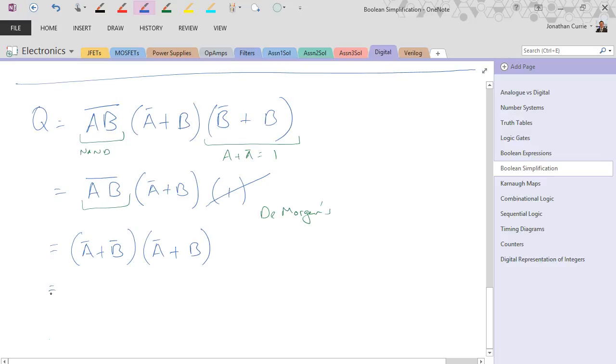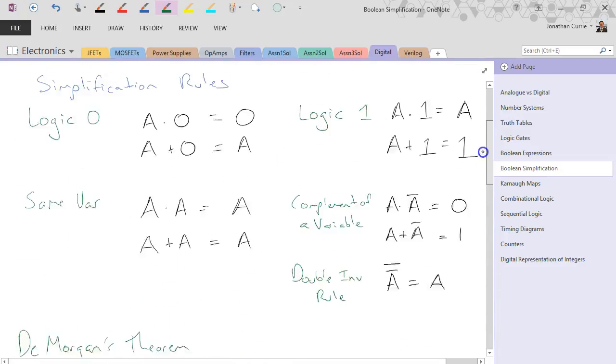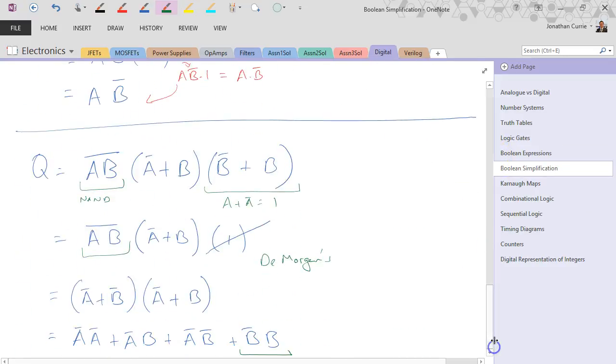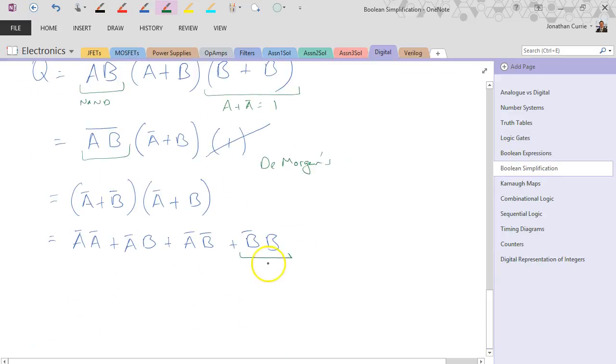At this point we can expand the brackets out, just like normal mathematics. Not A, or not A B, or not A not B, or not B and B. A few interesting ones. This one, as we've seen as per our rules, A and not A is equal to 0. So that becomes 0.